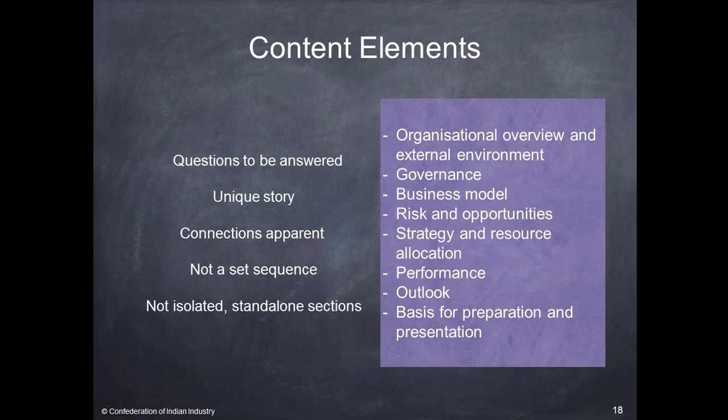How are resources being allocated? Your current performance, where you see the company moving ahead, and then a little note about how this information was gathered and prepared and the reliability of it. So that's essentially what the content elements are.